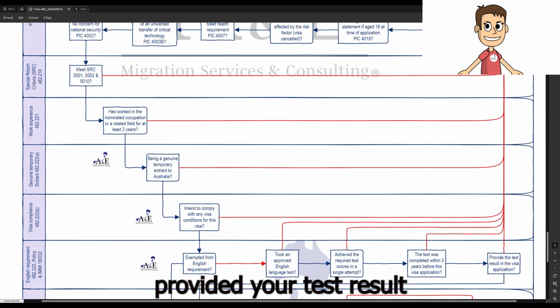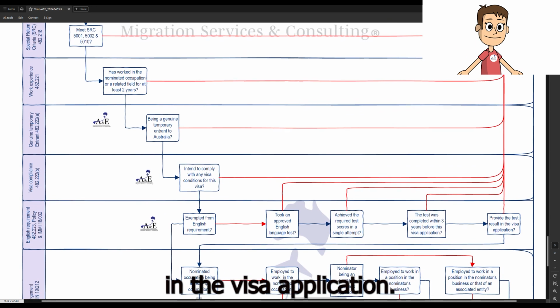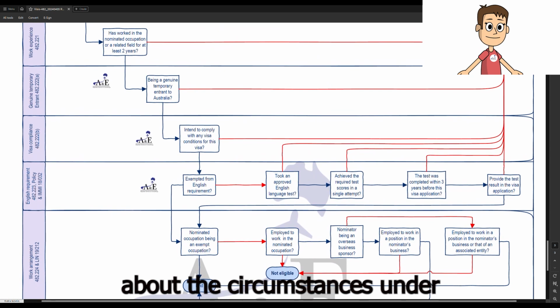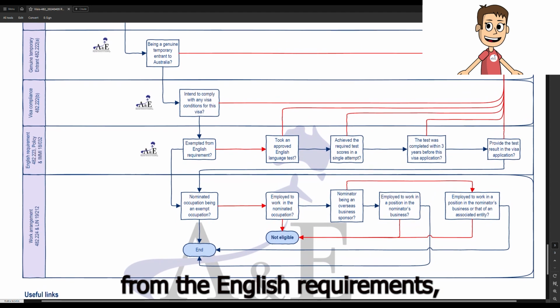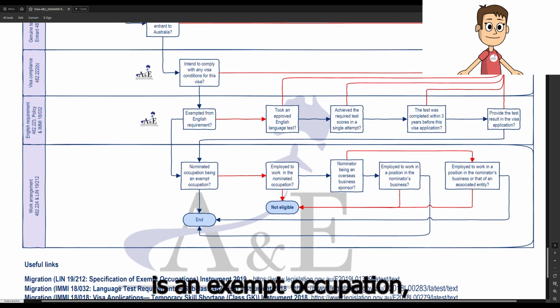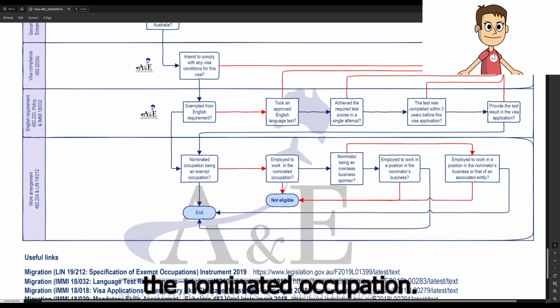You would have already provided your test result in the visa application. We have provided a link to the legislative instrument with details about the circumstances under which you are exempted from the English requirements.